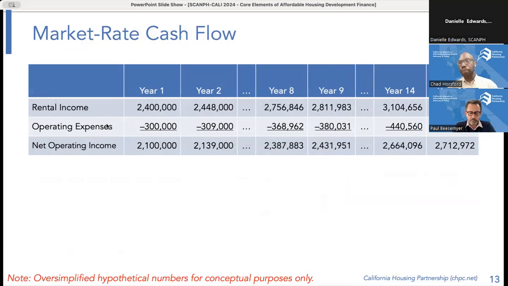At $6,000 per unit in operating expenses, you'd have $300,000 in operating expenses, and at the end of the day, after the building owner collects income and pays their expenses, in year 1, you have net operating income, so money that's free to use, of $2.1 million. And we see that increases year by year as income and expenses increase as well.